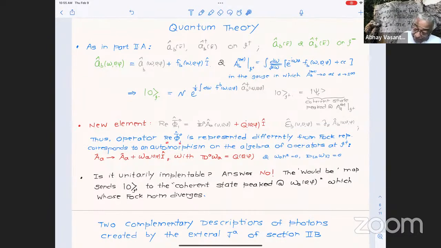Thus, the operator phi 1 naught is represented differently from the Fock representation. And this corresponds to an automorphism, a mapping on the algebra of observables to itself, which sends phi 2 to phi 2, or E to E, if you like. But the real part of phi 1 is now sent to the real part of phi 1 plus this extra term up here.